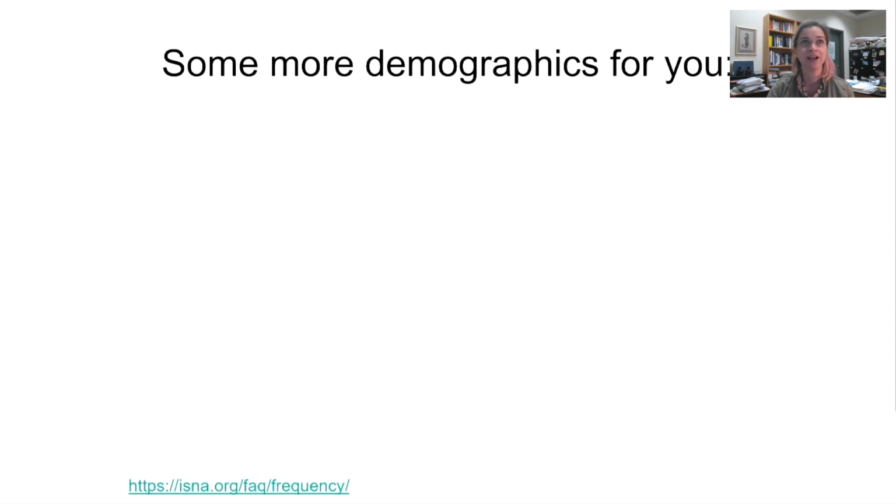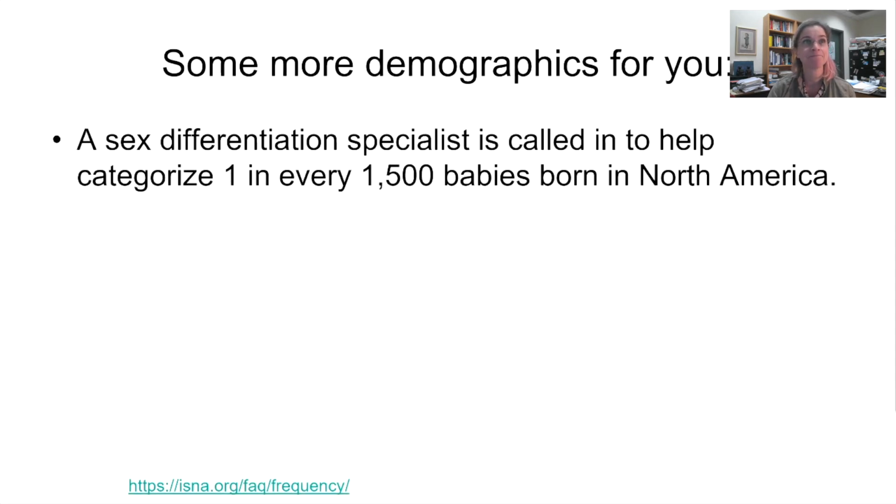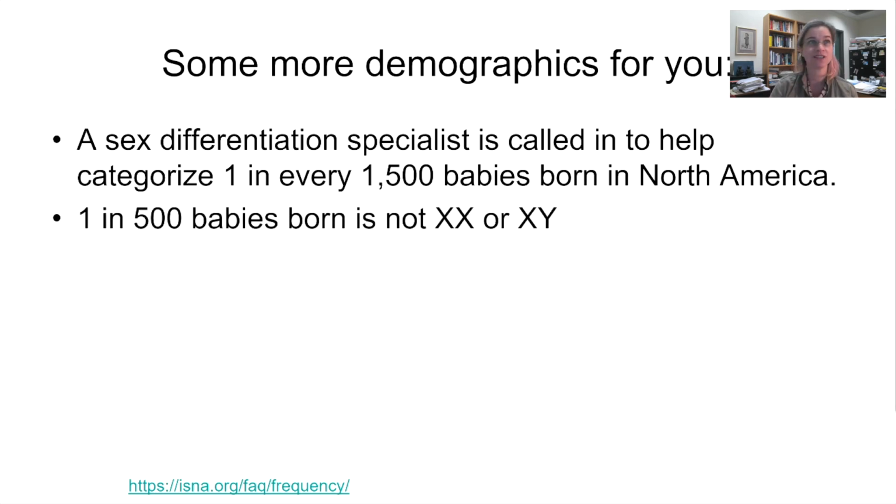Let me give you some more demographics. A sex differentiation specialist is called in to help categorize 1 in every 1,500 babies born in North America. That means that out of every 1,500 babies born, the nurses and the doctor that delivered the baby look at the baby and say, it's ambiguous, I'm not sure actually, and they call in a specialist.